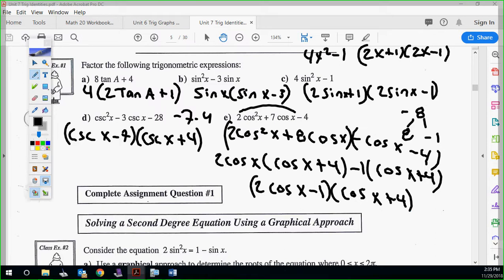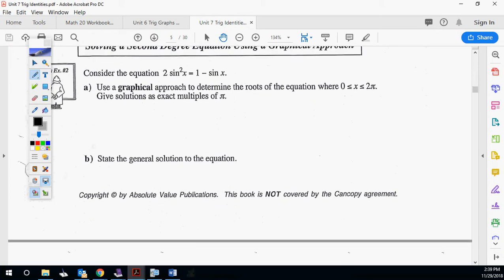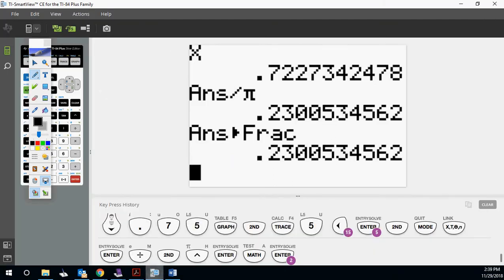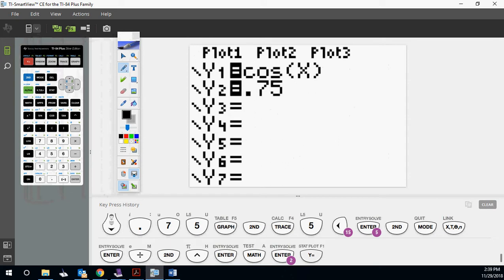Before we do it algebraically, let's do it graphically. We'll do the intersect method again. We're going to put this into y1, this into y2, and solve. We're going to give the general solution for this one, as if it didn't have a restriction. So y equals 2 sine squared x.